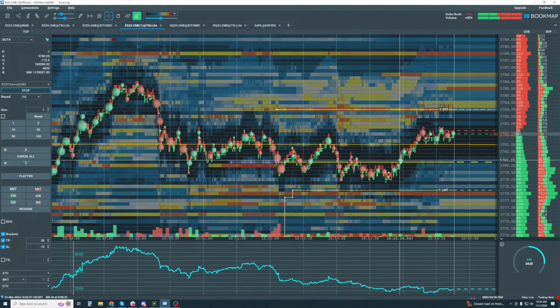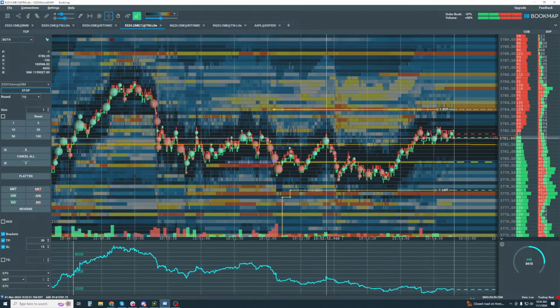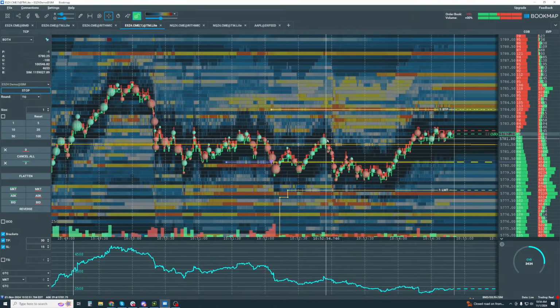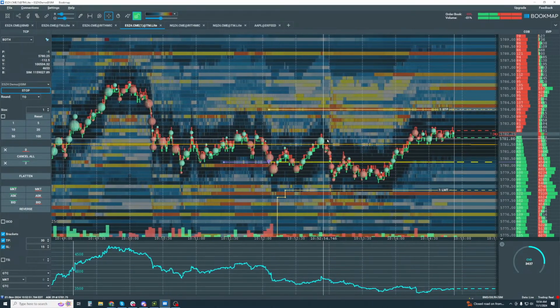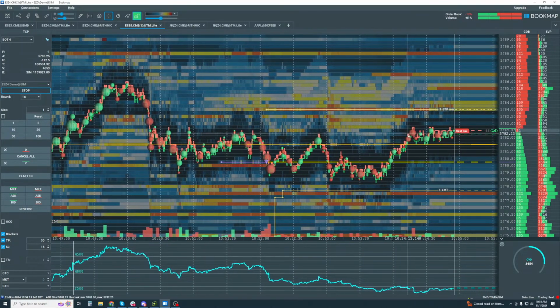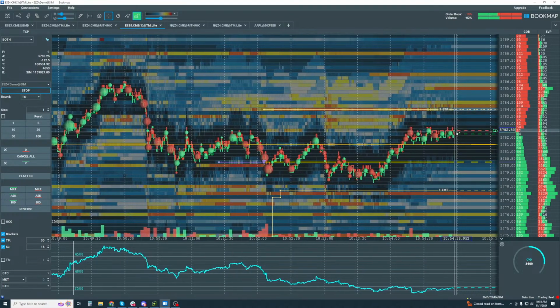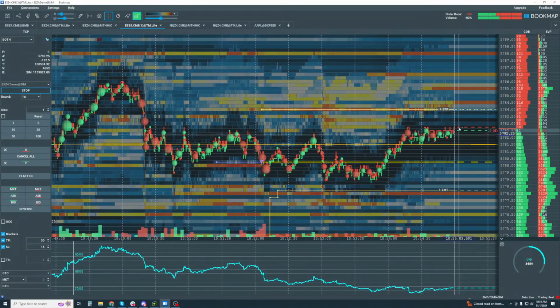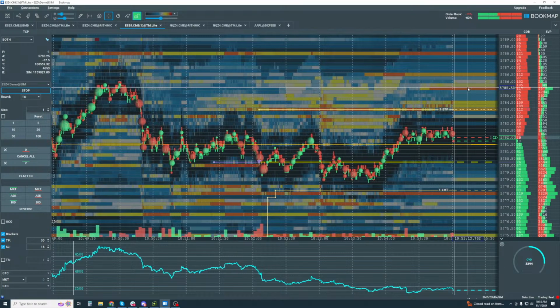Okay, so this little break above up to the top of this range in here, this is making me really uncomfortable for this position. I don't see a lot of buying in here, but if there's more buying in here, we're going to be part of the squeeze in here, right?